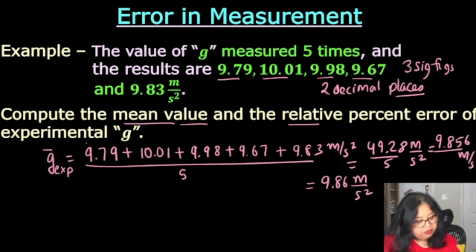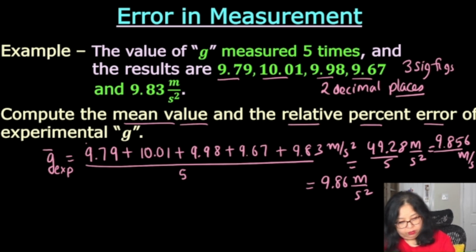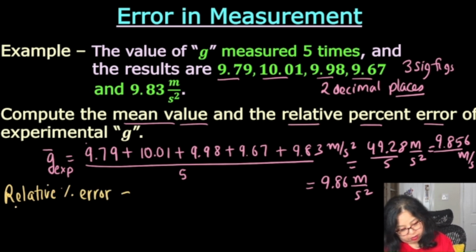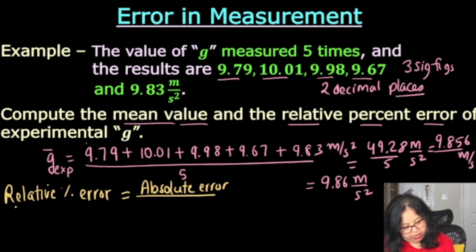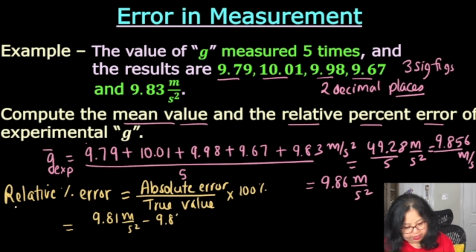Next, we're going to find the relative percent error of experimental g. Relative percent error is going to be absolute error divided by true value times 100%. Okay, so absolute error will be 9.81 meters per second square minus 9.86 meters per second square.